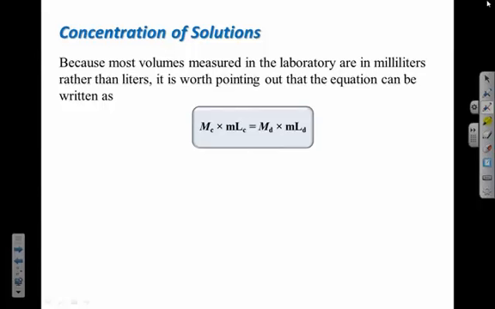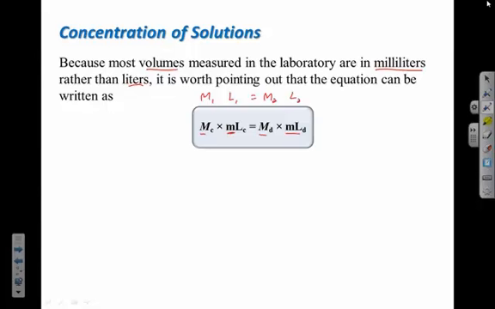Because volumes in the lab are usually measured in milliliters, not liters, it's worth noting that this formula can also be expressed as molarity times milliliters equals molarity times milliliters, instead of the initial molarity times the initial liters equals the final molarity times the final liters.